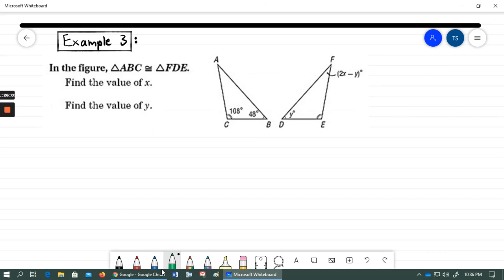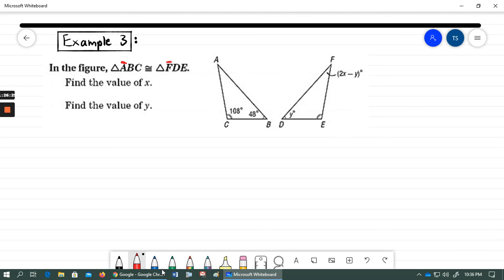All right, so folks, here we go. Example 3. You're told that triangle ABC is congruent to triangle FDE. They give you this congruent statement, and in that congruent statement, folks, make sure that you pay attention to the corresponding parts.